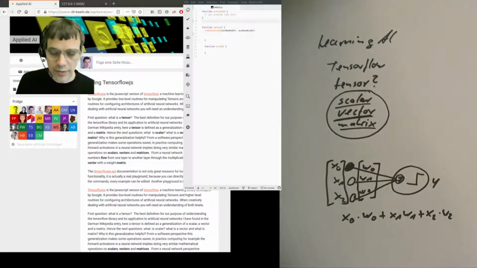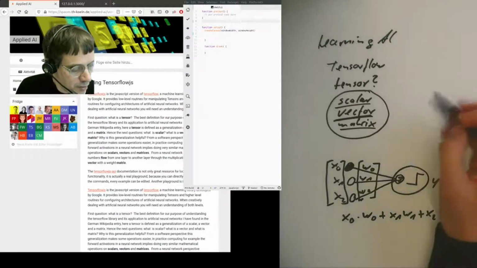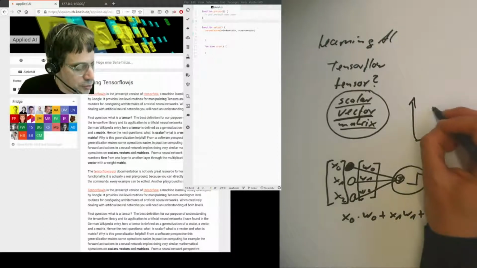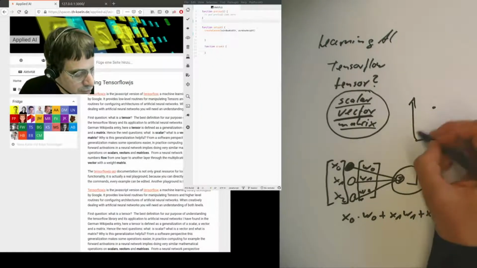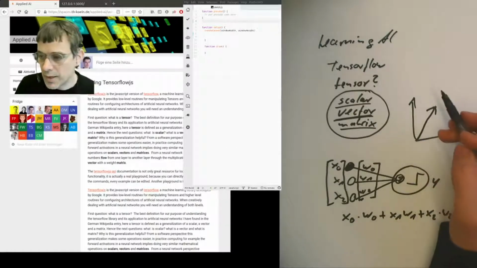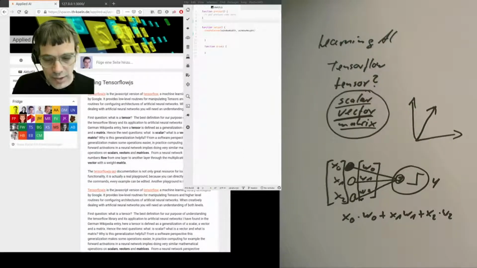Initially, if you look up the term vector, what you will find are geometric explanations. In a coordinate system, when you define a point, then to get to that point, that would be a vector. Some of you may have used vectors when programming in the P5.js environment.